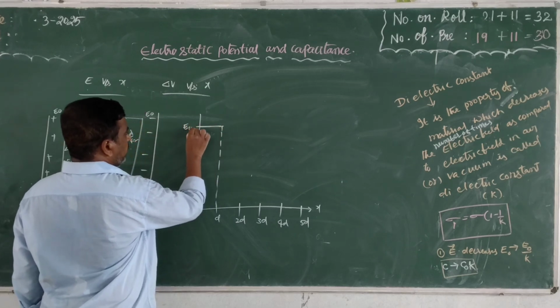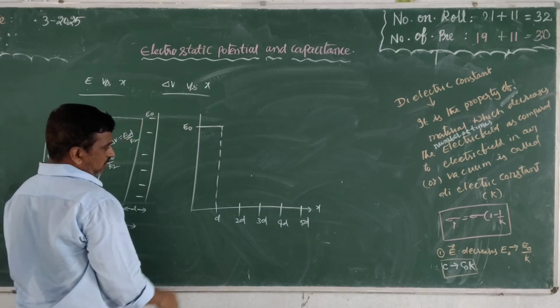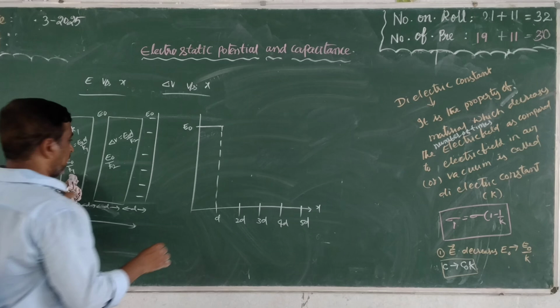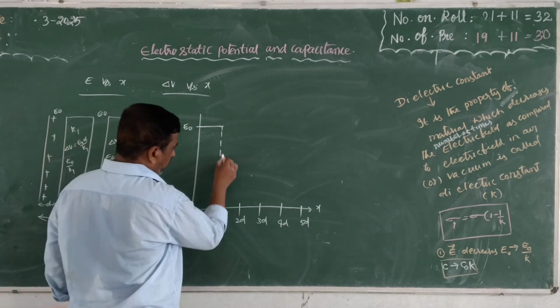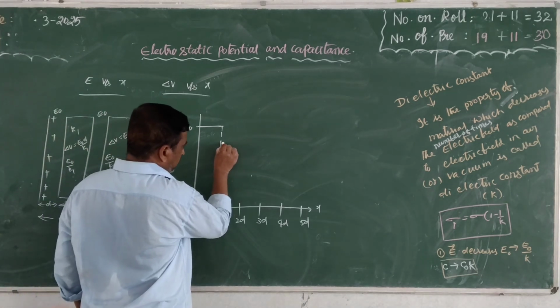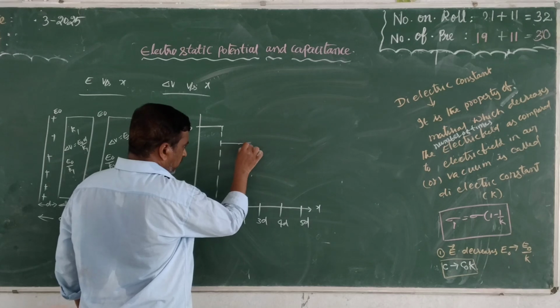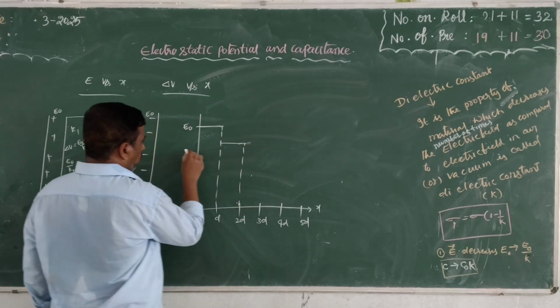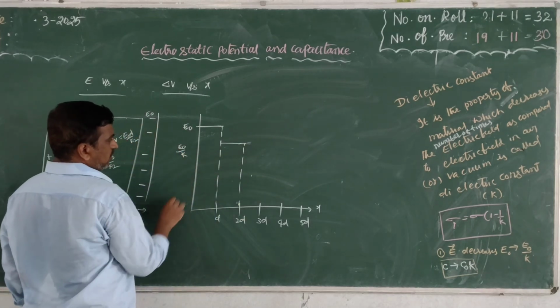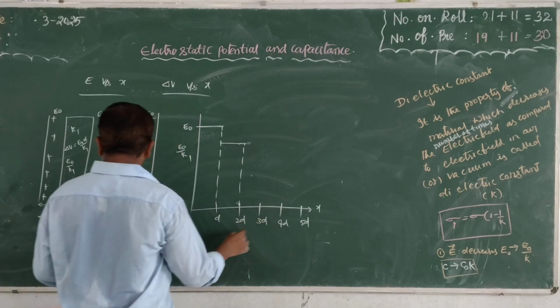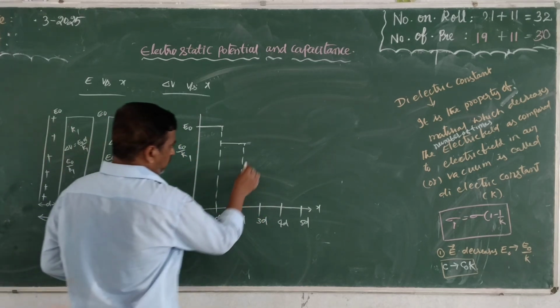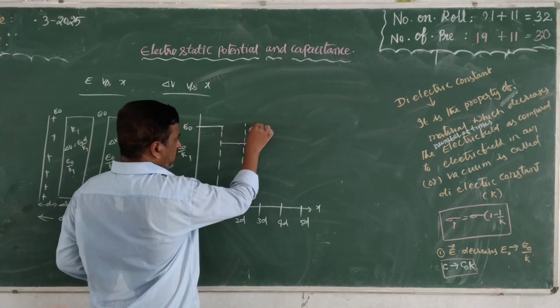Next, the second region has a dielectric, so the field is E naught by K. Then again it is empty space, air medium, so again it is maximum.